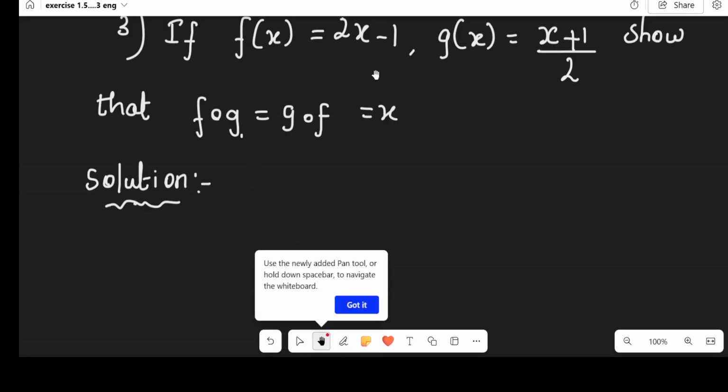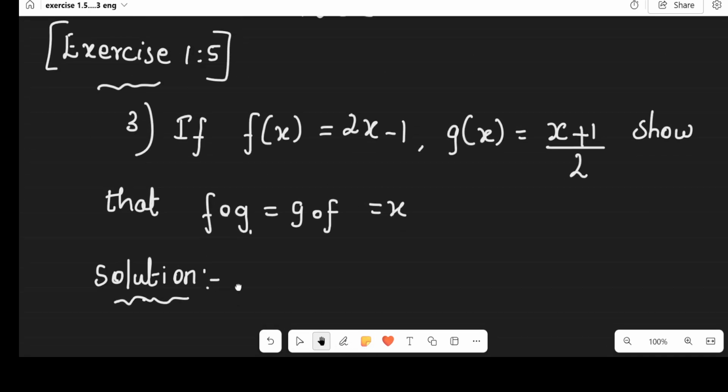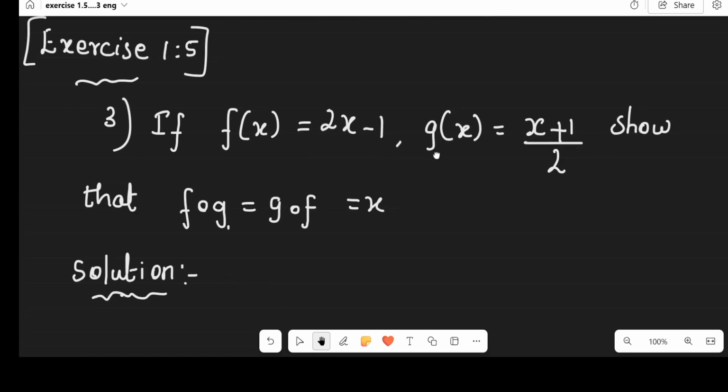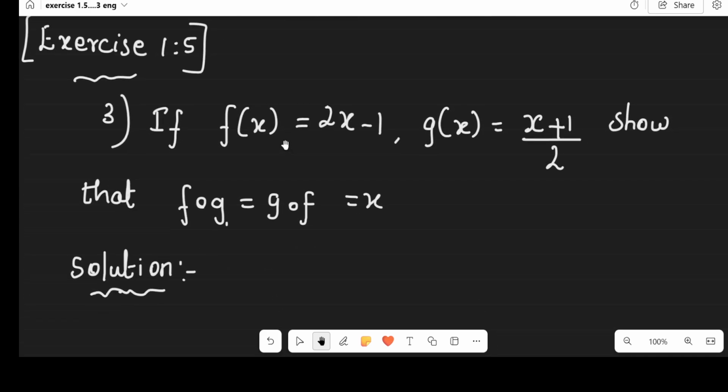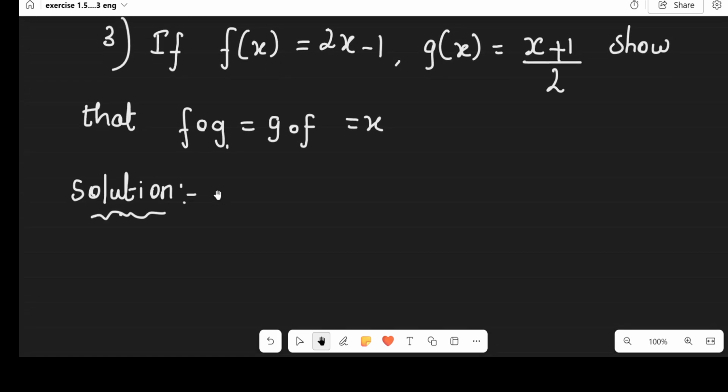F of x equals 2x minus 1, g of x equals x plus 1 by 2. Show that f of g equals g of f equals x. So here, what is given? F of x and g of x, right? So we have to write the information given in the question first for the solution. So I'm writing f of x and g of x.